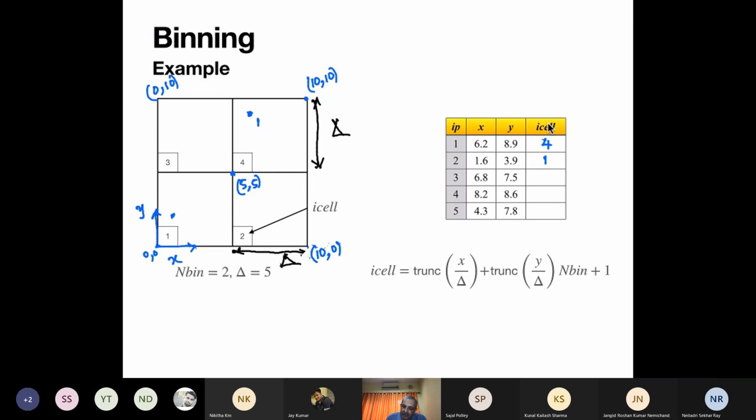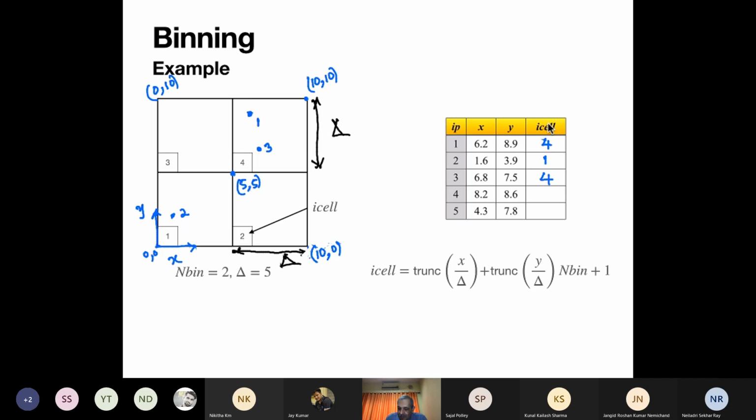Both of these are greater than 5, so again this will be somewhere here. This is 2. This particle is 3. 6.8 by 5 will give you 1 point something, so trunc is 1. 7.5 divided by 5 will give you 1 point something, again 1. So 1 plus 2, 3 plus 1, 4. So this one is also 4.